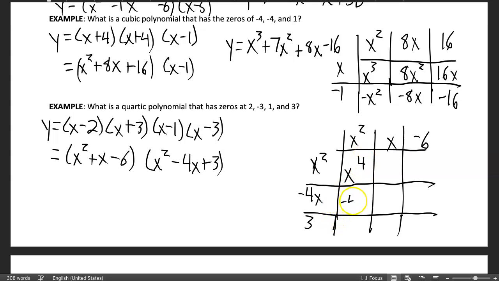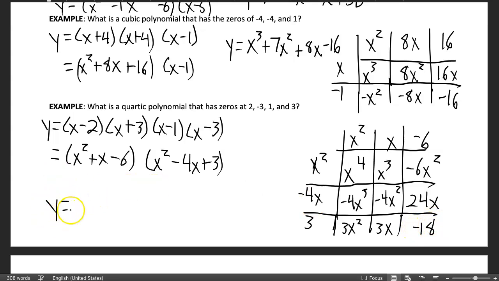We'll have minus 4x cubed. We'll have 3x squared. We'll have an x cubed. We'll have minus 4x squared, 3x, -6x squared. -6 times 4x will give us 24x, and -6 times 3 will give us -18.